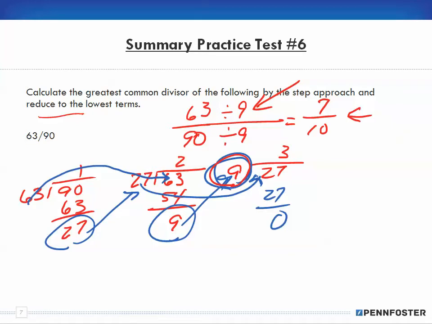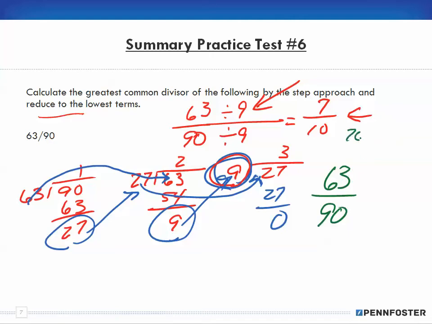Now, me personally, what I would have done is I would have said, okay, I've got 63 and 90, and again, it's a matter of multiplication, understanding and knowing what your multiplication is. 63 is 7 away from 70.